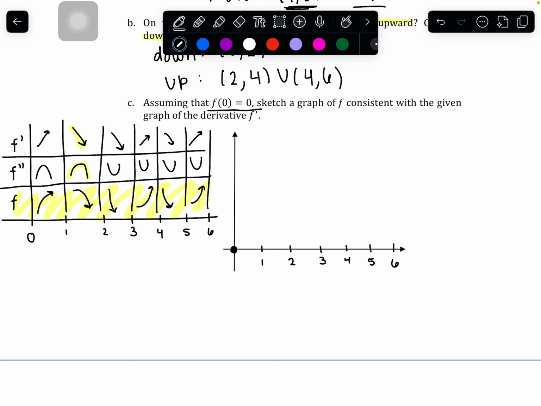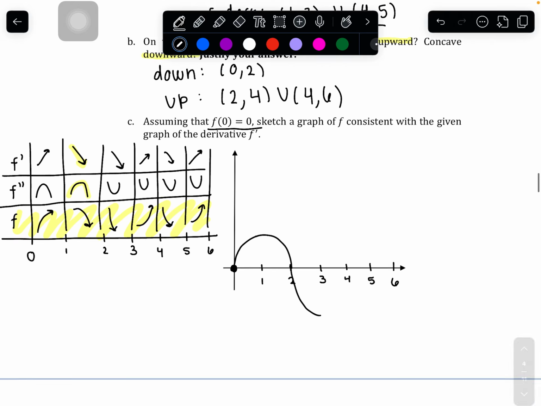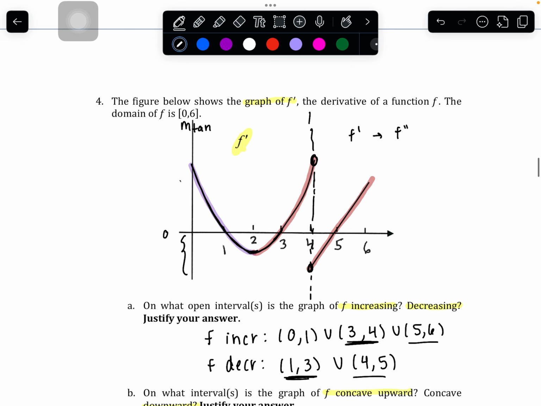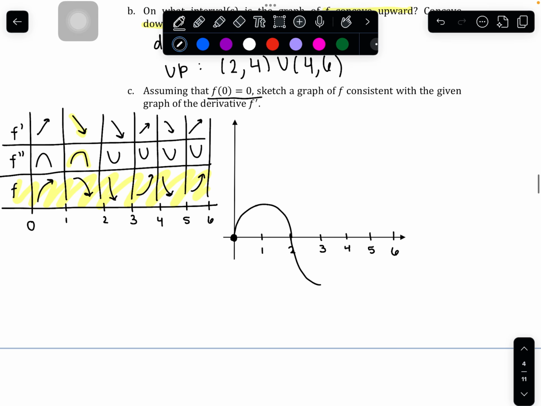So from 0 to 1, I look like this. From 1 to 2, I look like this. And then I look something like this. And then, okay, remember at 4, we had this goofy thing going on. Its derivative was discontinuous. That probably means we have some sort of discontinuity happening at 4.